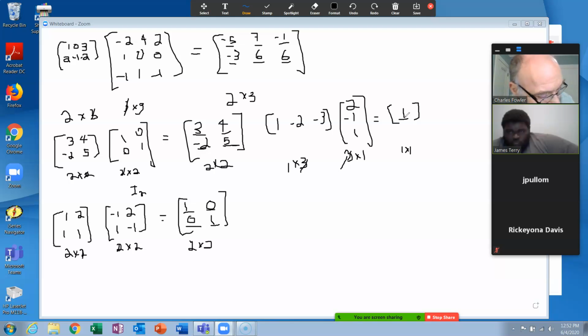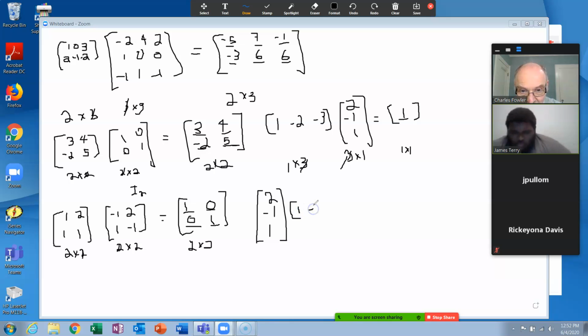Okay? Now, let's take that same problem, but reverse them. Let's take the column vector, or column matrix, 2, -1, 1, and multiply it by the row vector, or row matrix, 1, -2, -3.